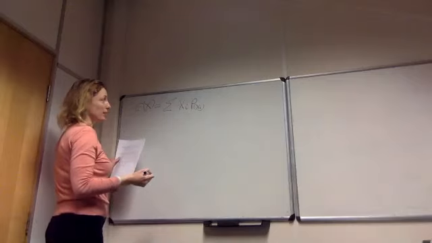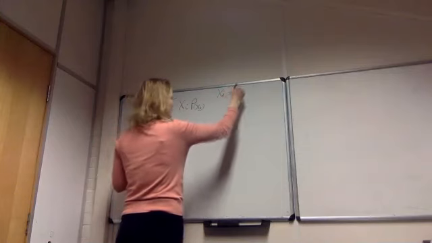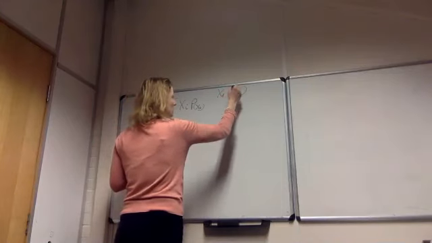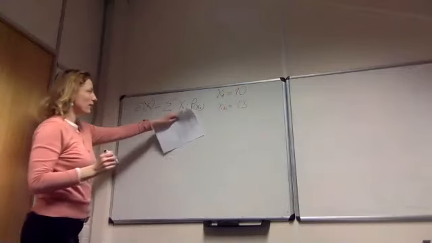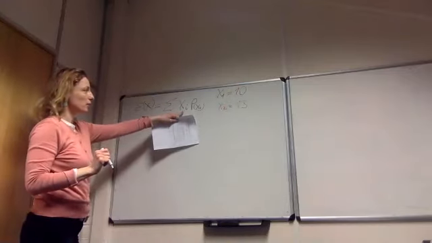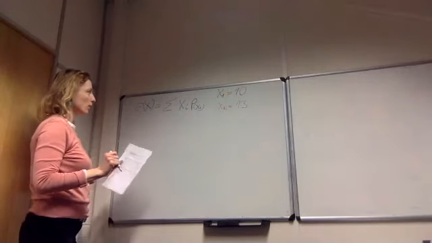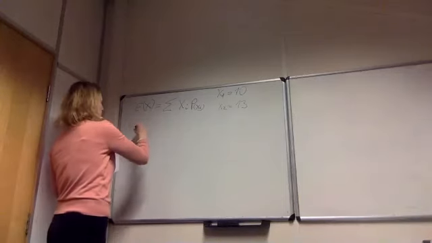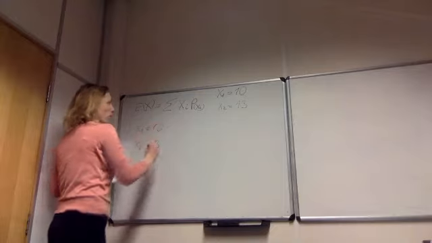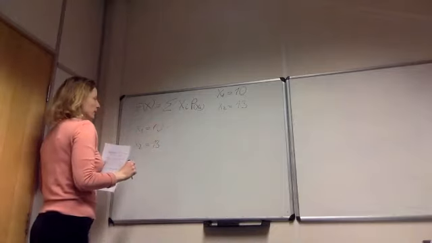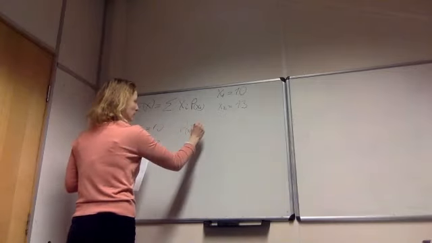What values do we have now? Some people earn $10 an hour and some people earn 13. So these are the x values. Let me write it here: X1 equals 10, X2 equals 13. What is the probability that someone earns 10 an hour?